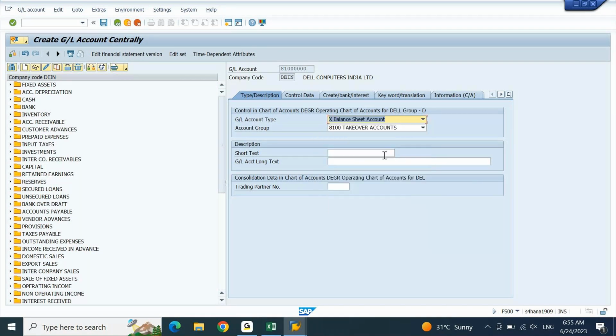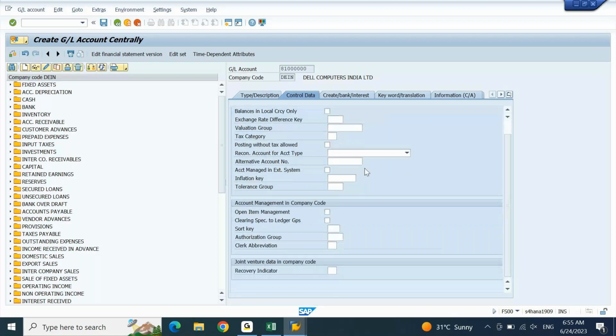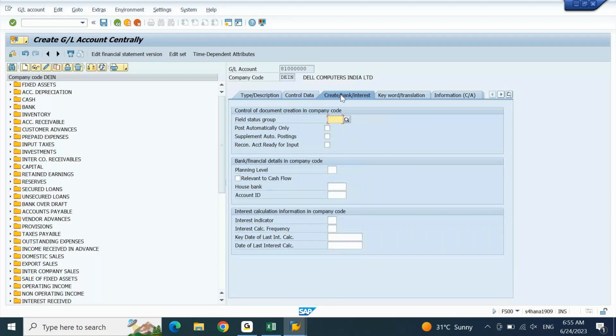I'll put profit center clearing. Here I'll put profit center clearing account. This is normal and this will be G001.